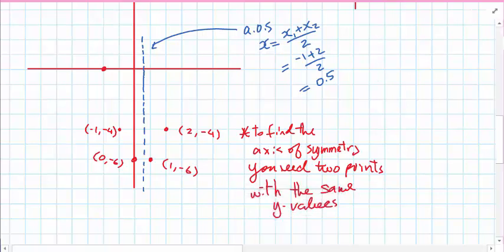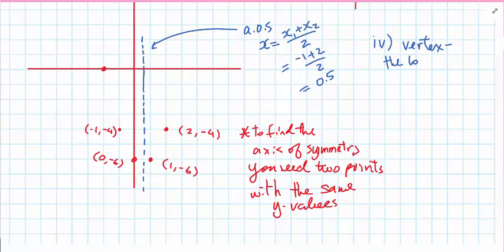So the next part, it says determine the vertex. The vertex is basically the lowest, right, or highest point of a parabola.